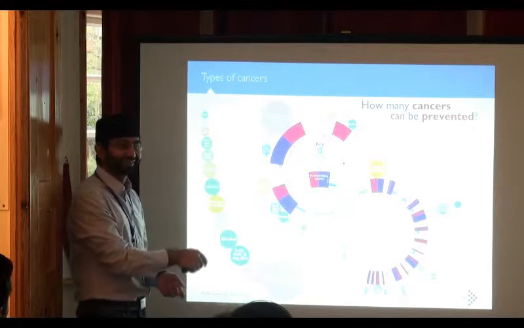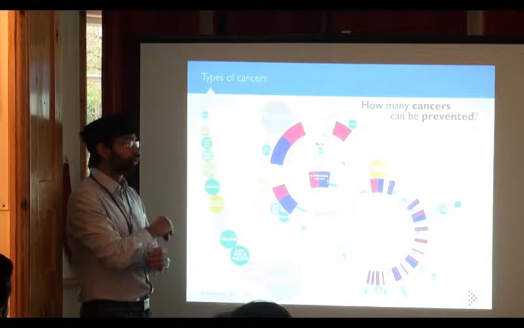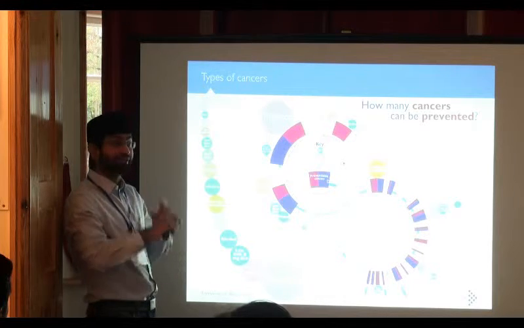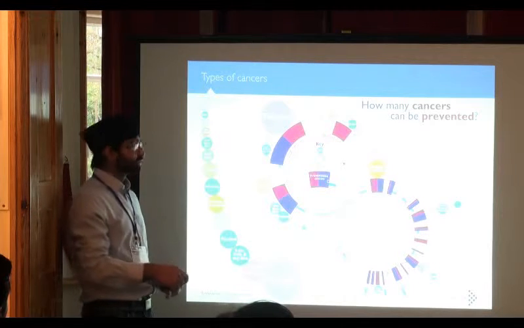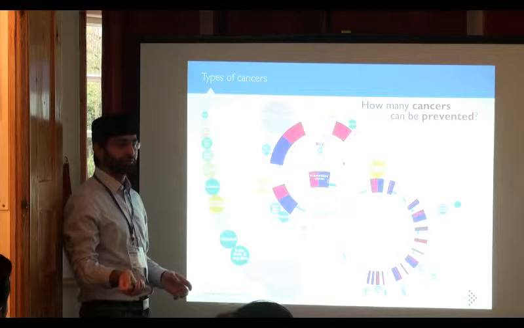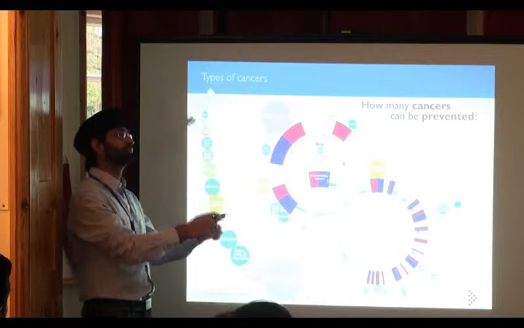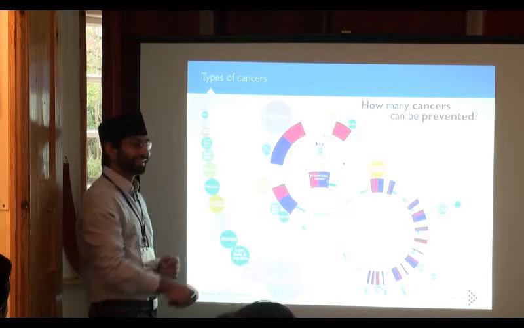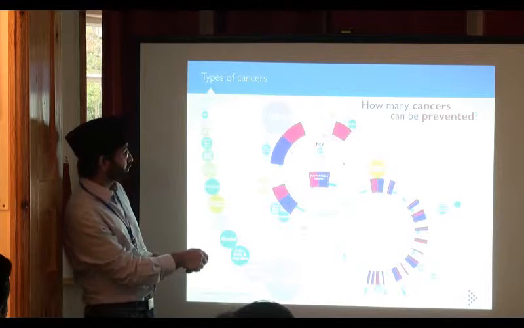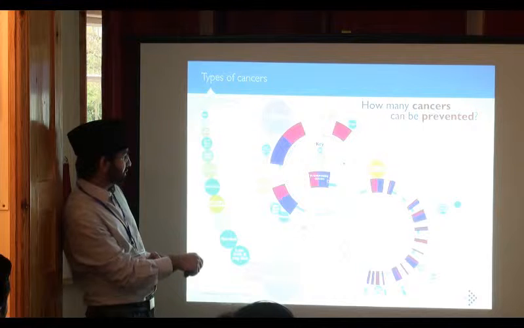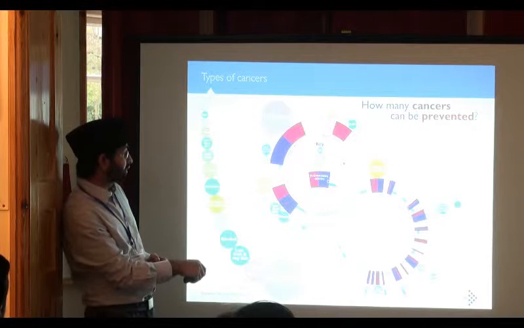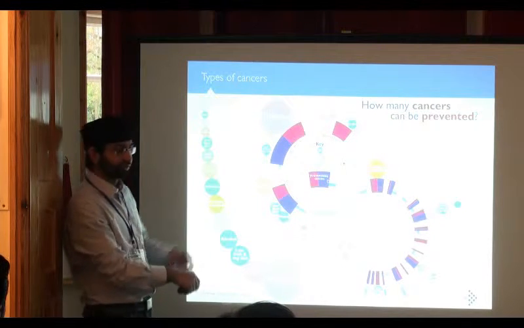And each of these cancers consists of many different subtypes, which can't be cured with the same thing. So when you read in the newspaper that they found a cure, it's probably one of the small subtypes somewhere in the cancer. This shows, for instance, that it's only a third of the breast cancers we can cure, many of the lung cancers, many of the bowel cancers, none of the prostate cancers, things like that.